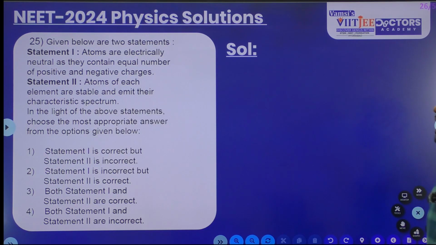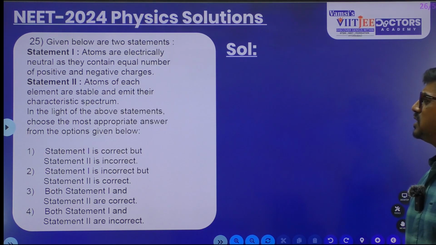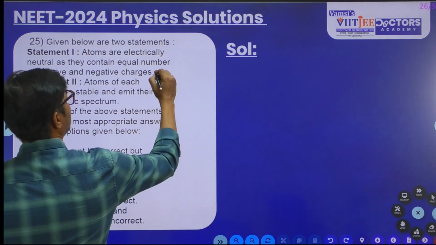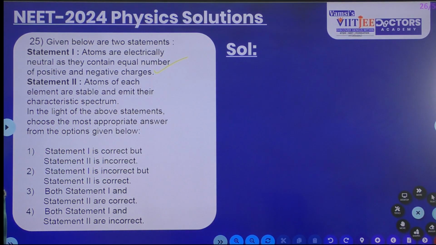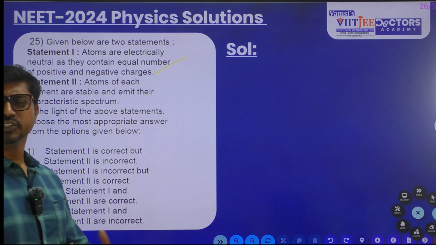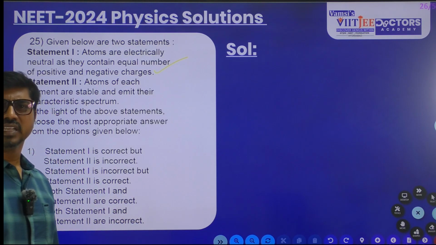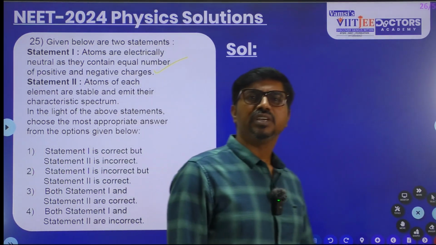Next question. Atoms are electrically neutral as they contain equal number of positive and negative charges. That is true. There is nothing to discuss about it. Atoms of each element are stable and emit their characteristic spectrum. So there was some discussion on YouTube and all that, saying that the second statement is not exactly correct and there is ambiguity and so on.